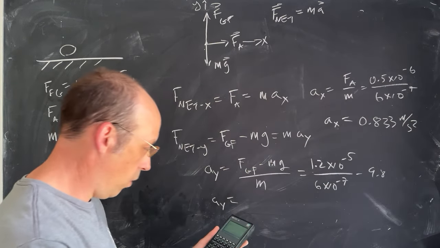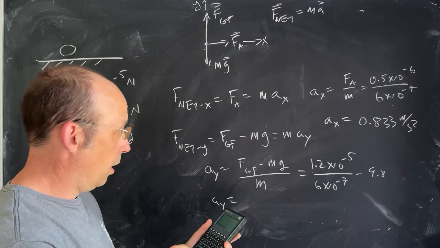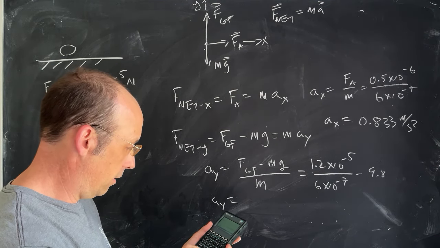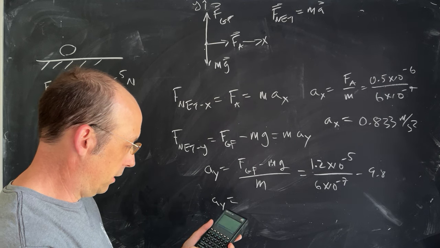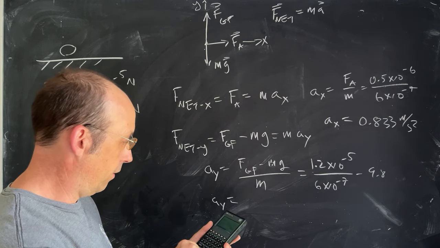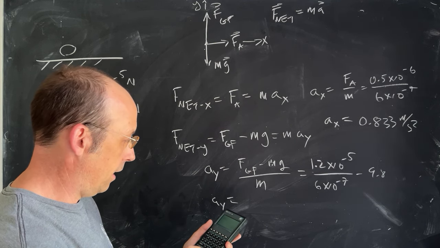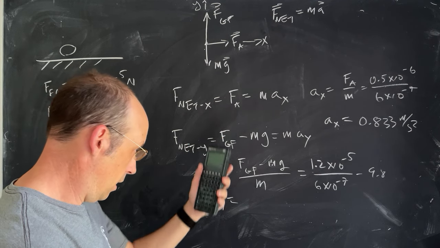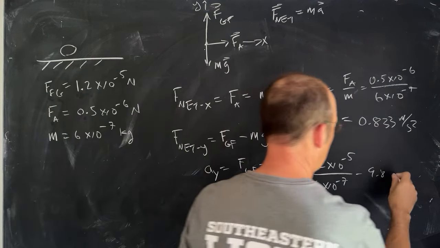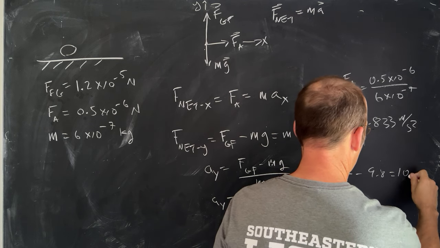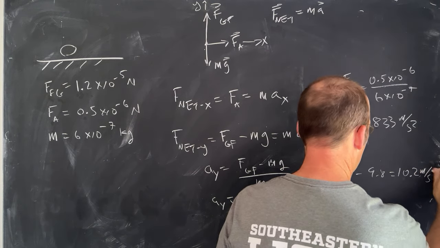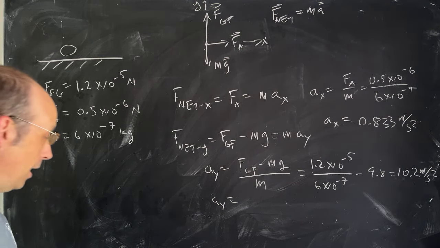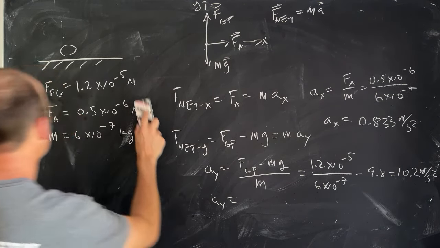Over here, 1.2 times 10 to the negative fifth, divided by 6 times 10 to the negative seventh, and then subtract 9.8, and I get 10.2. Now, that's the answer, but let's get a better answer.